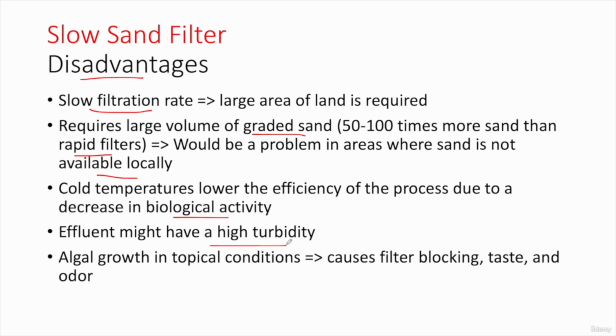If our raw water's turbidity is high, then we will face some problems with our effluent's quality. We would face high turbidity. So always pay attention to the raw water's turbidity if it requires pre-treatment, if it requires sedimentation, for example.